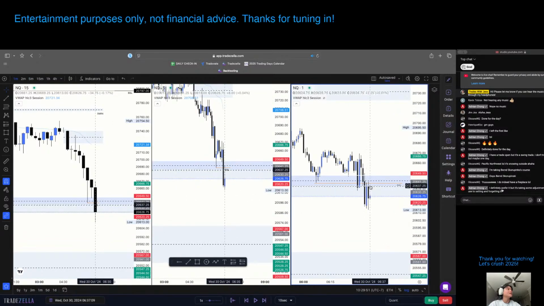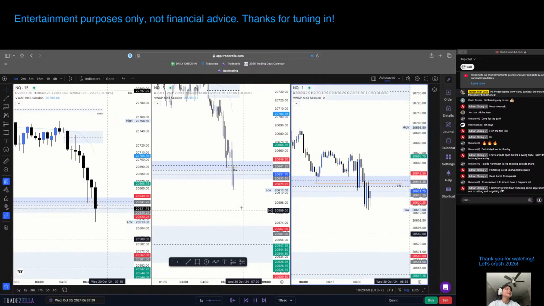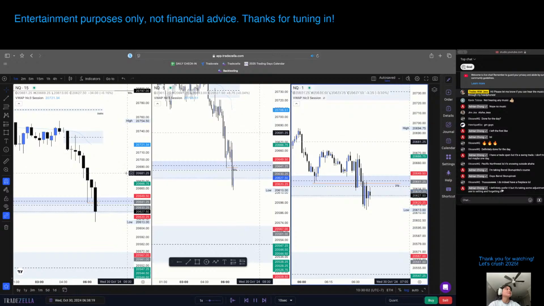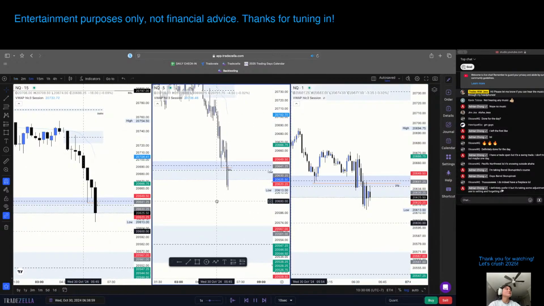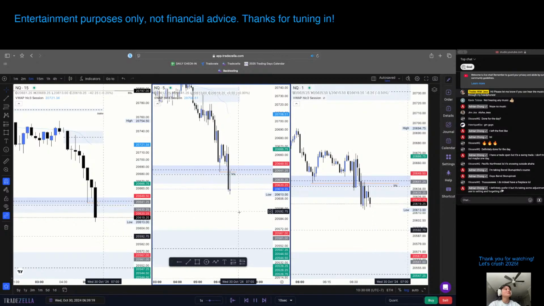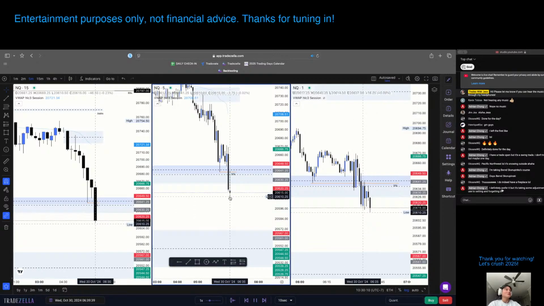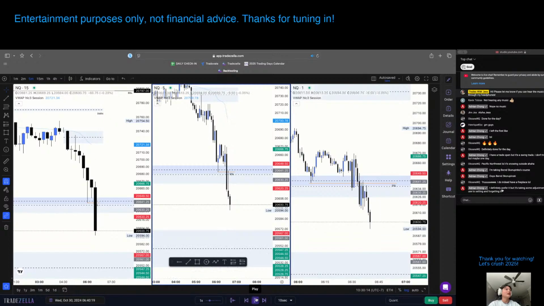I want to see if this 5 at 645 breaks, if we can push into this gap down here. Otherwise, yeah, would have liked that.